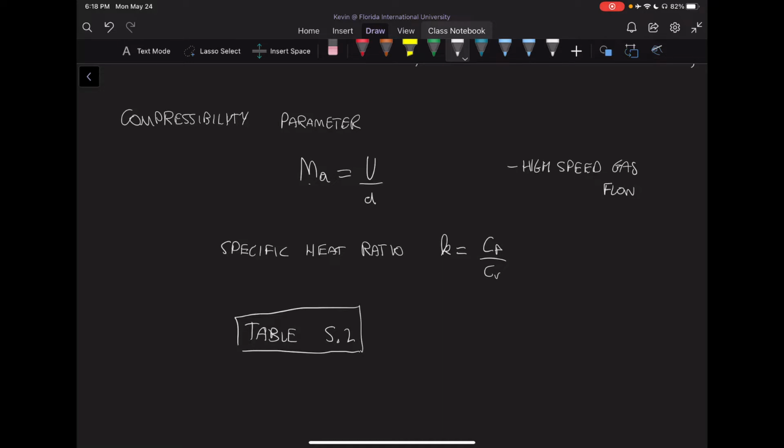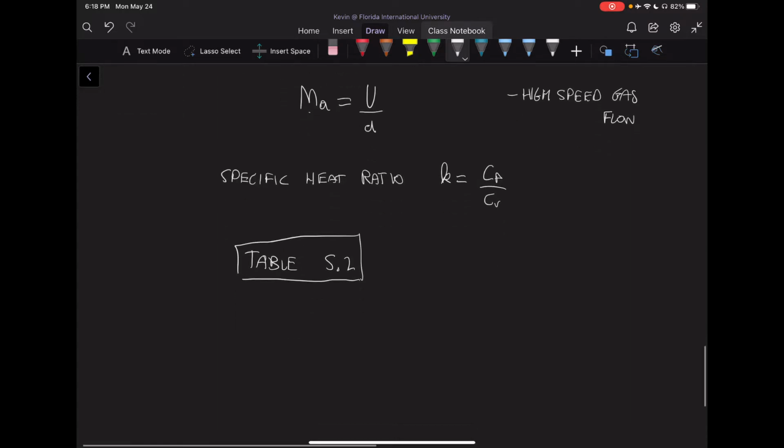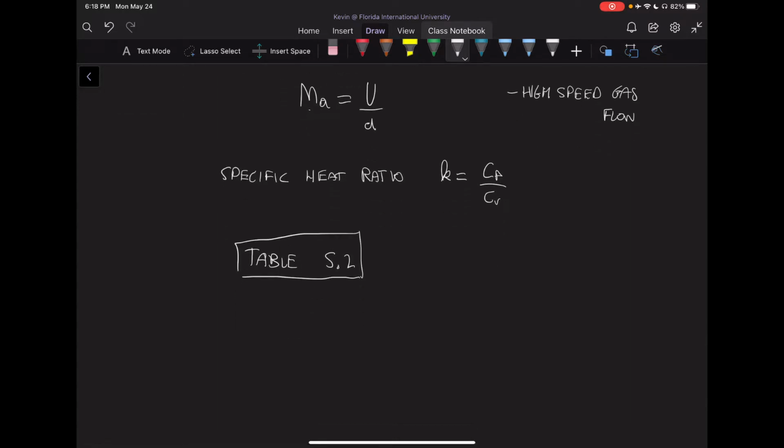Now, just to go a little bit more on the Mach number, one more thing that I want to talk about is that there is an effect on compressibility when Mach is greater than or equal to 0.3.